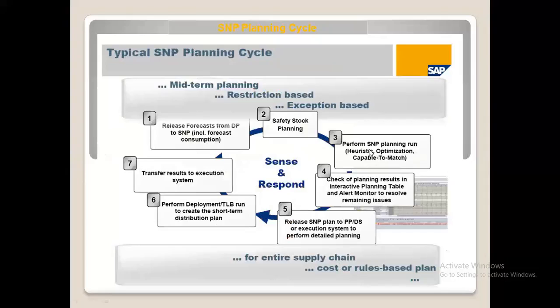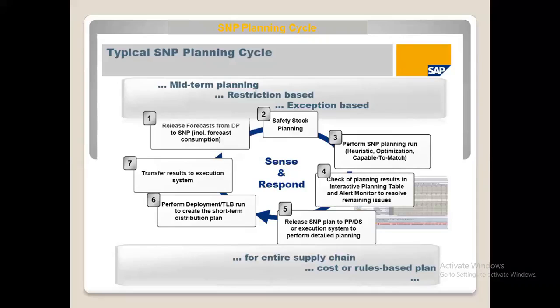Then next, perform the SNP planning run and heuristic, optimizer, capable to match. Once the forecast values are available from DP to SNP, the system is going to do the planning run by using three engines, either heuristic or optimization, or capable to match.